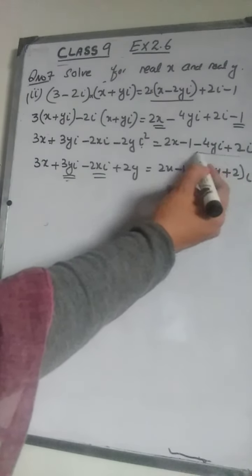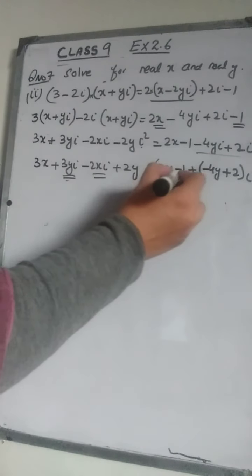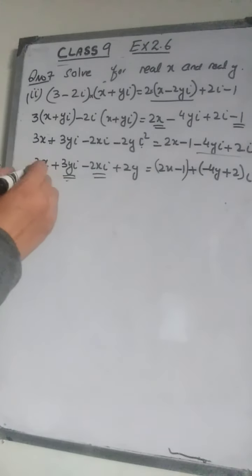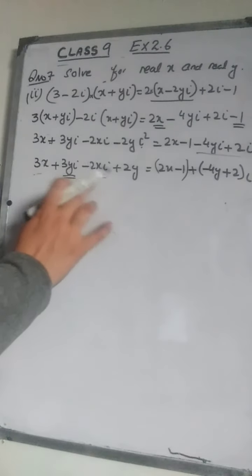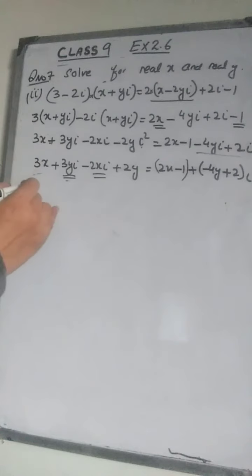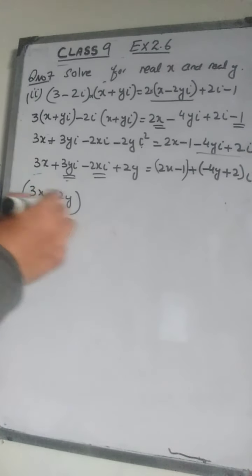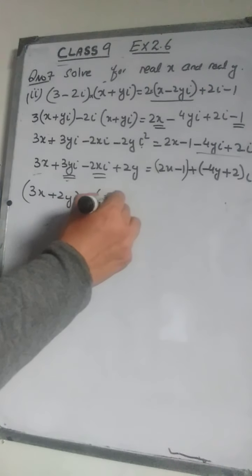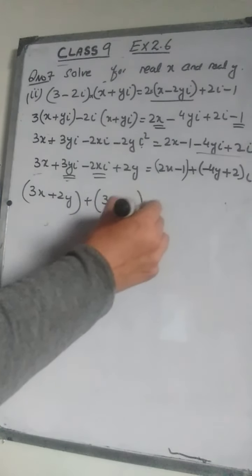Taking iota common from these two, we will get this expression, and over here these will be the imaginary part. We will take iota common from here and write this real part and this real part together, and we will get 3x plus 2y plus (3y minus 2x) iota.